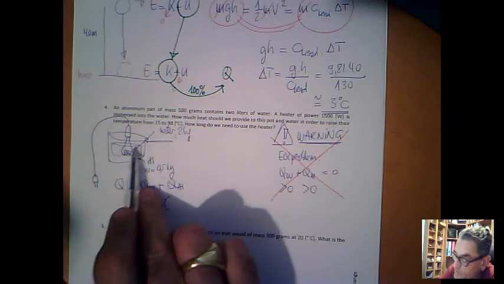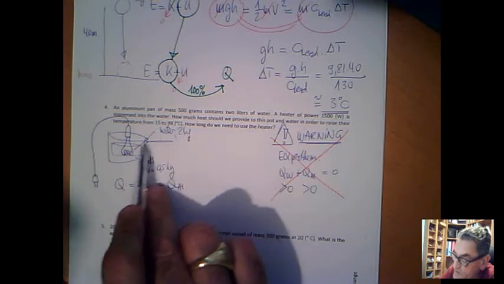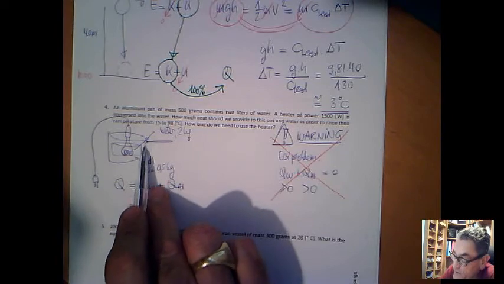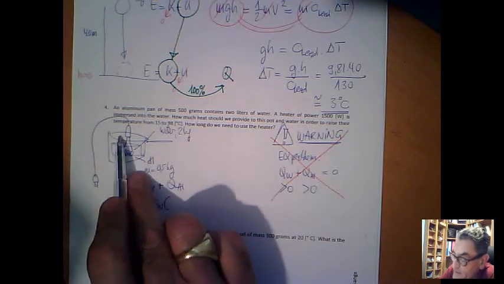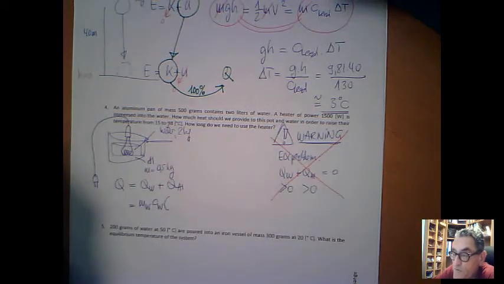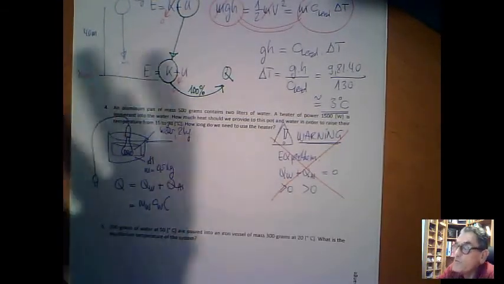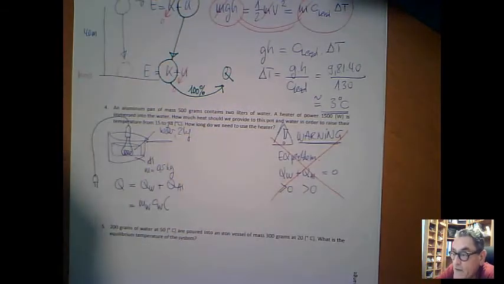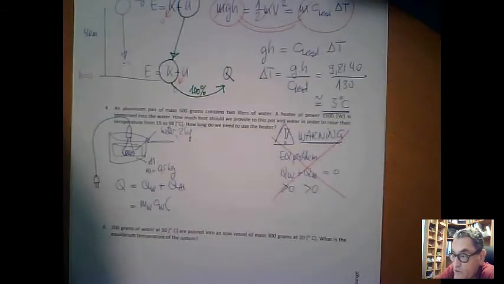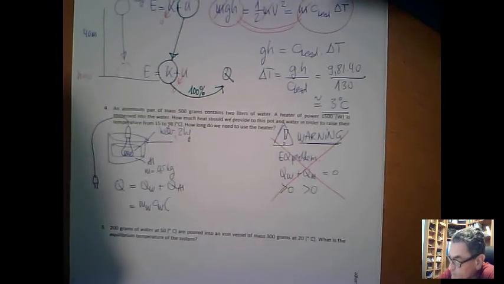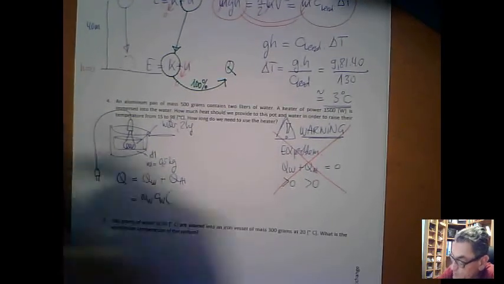They are both initially at 15 degrees and they will both be at 90 degrees because the pan is always going to be at the same temperature as the water. So if you want to heat up water for your tea, you also need to heat up the pan, and you will lose some energy to this pan. It's not going to be energy that will be in your water.